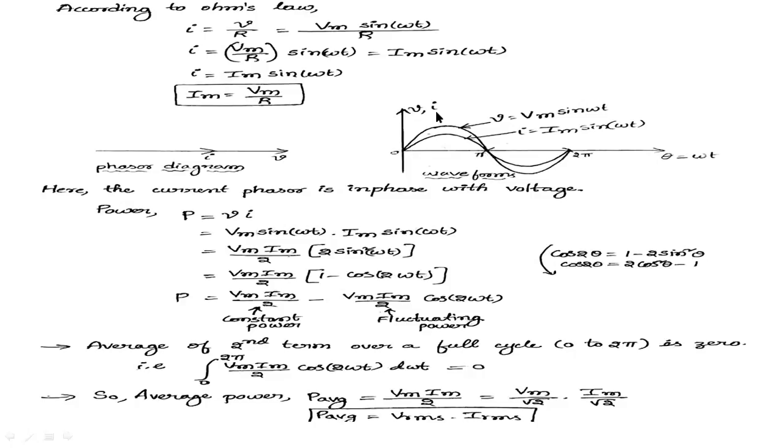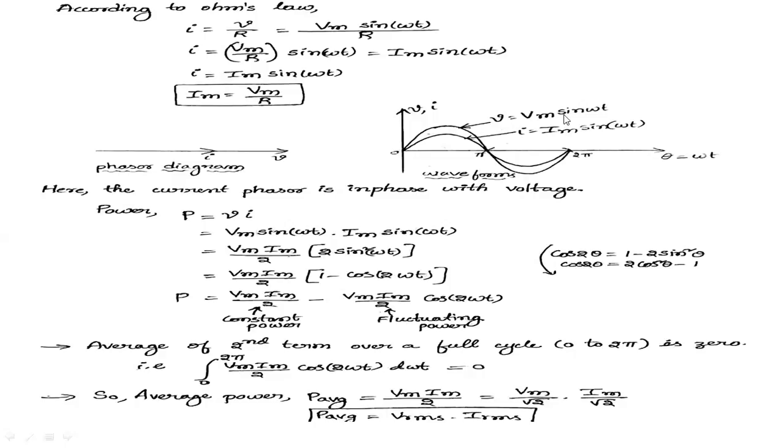The upper one is the voltage wave, a sine wave, and on the same axis I am representing the current wave also. This type of wave we call in phase, the same phase, starting at origin 0, ending at half cycle pi, and again starting at pi and ending at 2 pi. But the magnitude may differ for the voltage and current.